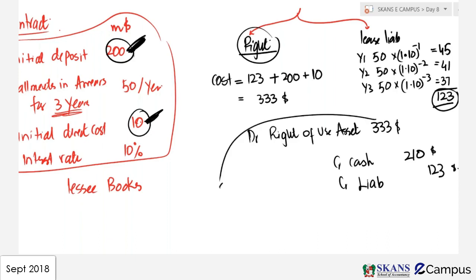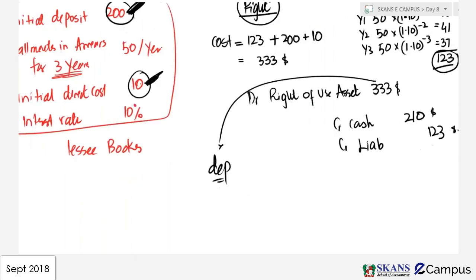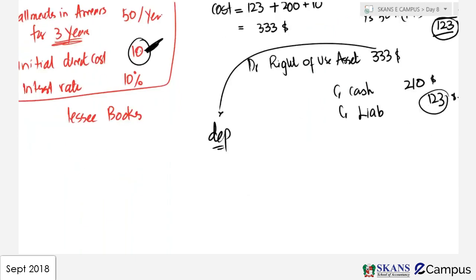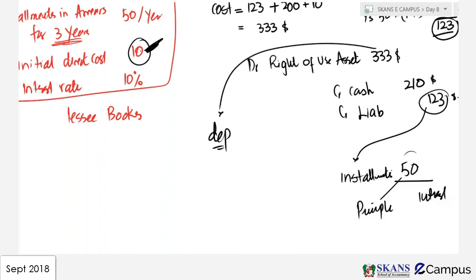Now we need to depreciate this. We know how to depreciate. I'm not going into the details. But now 123 is the liability, and you are going to pay an installment after 1 year. How much installment is there? 50. You need to divide this installment into principal and interest, because it has both components. So just multiply 123 by 10%.